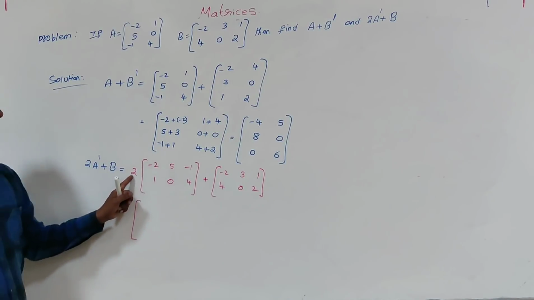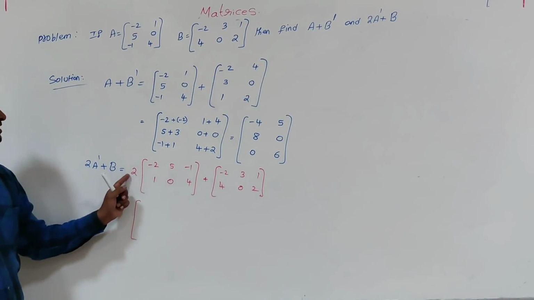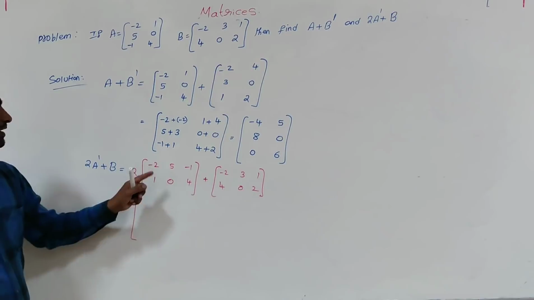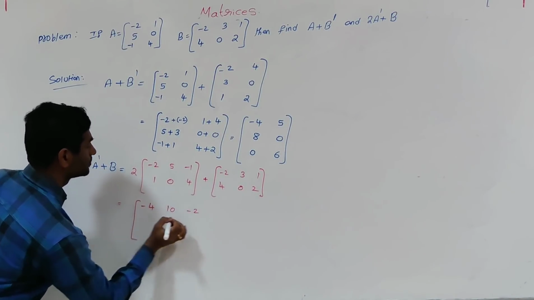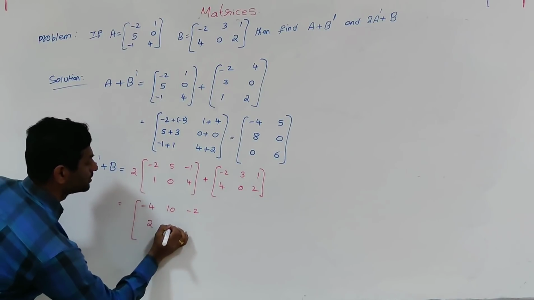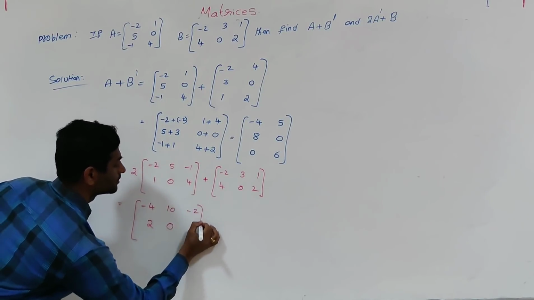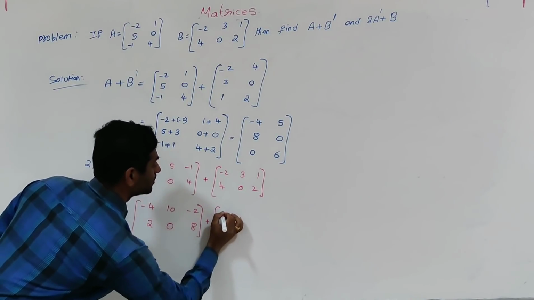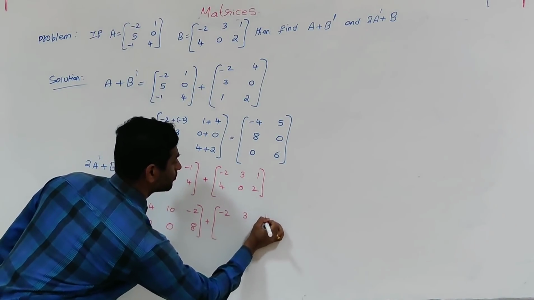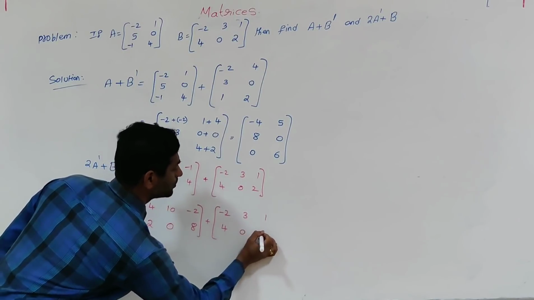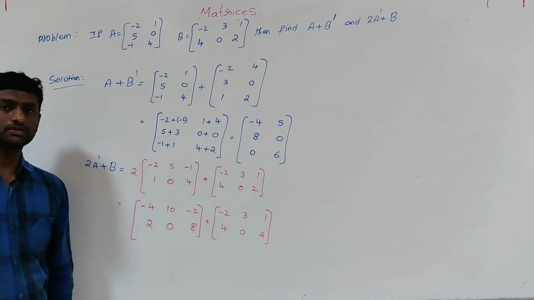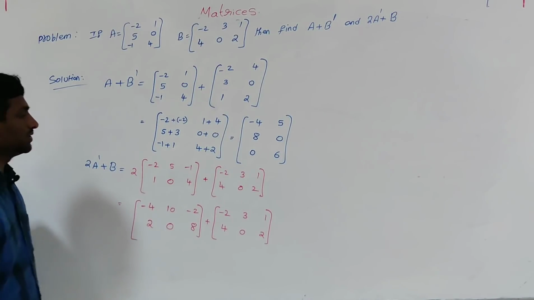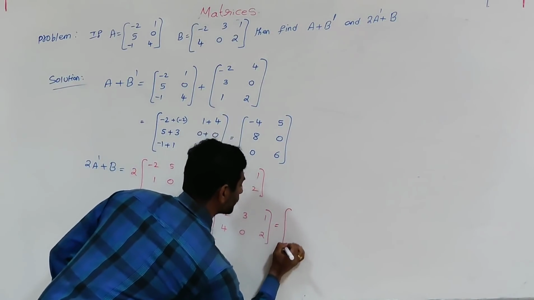Now, 2 is a scalar and this is a matrix. 2 is multiplied to each and every element of this matrix: minus 4, 10, minus 2, 2, 0, 8, plus minus 2, 3, 1, 4, 0, 2. As the two matrices are of the same size, matrix addition is possible, and it gives what?